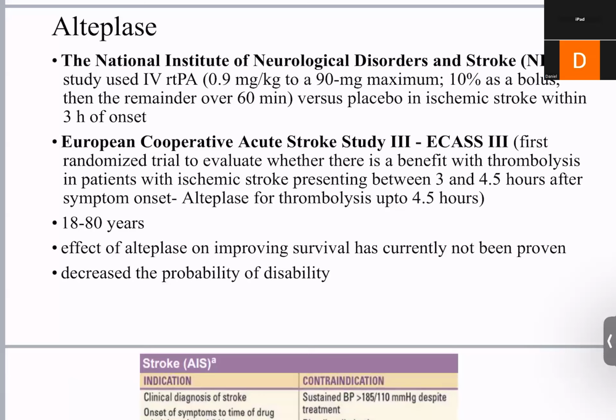In this study, the time limit was within 3 hours of onset. They found the effects of alteplase in improving the outcome.